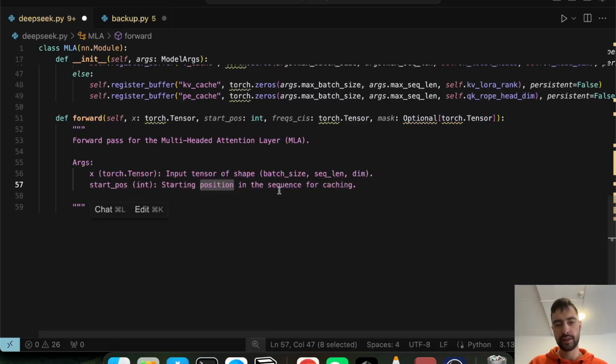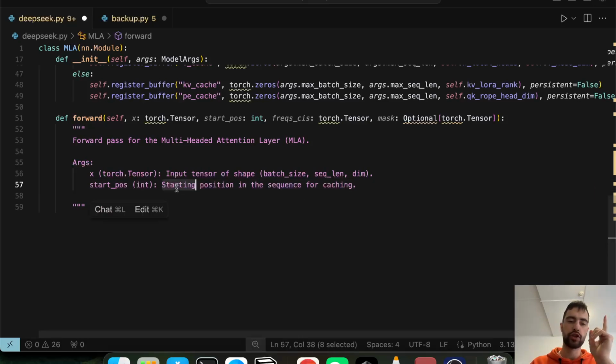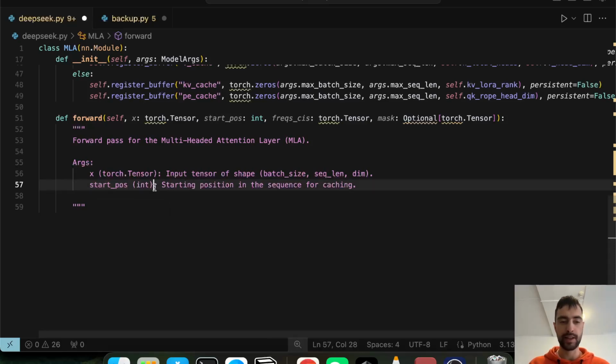Then start position, the starting position in the sequence for caching. Each token will have keys and values, so this start position will show at which position in the KV cache we will store the key for the first token, and then the next position will store the key for the second token, etc. But we will look into this deeper later, so if you didn't understand, it's okay.